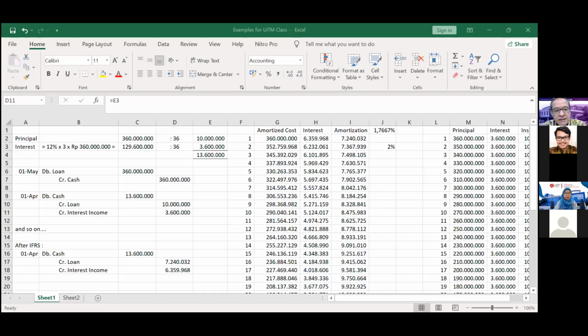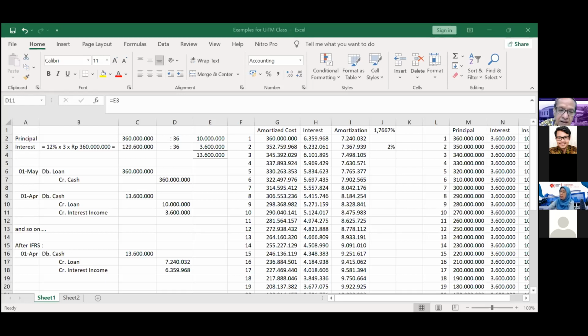So if the bank gives a loan, although there is no sign that there will be trouble for this customer, the loan is still good, the bank should make a loan provision. How much? This amount. This is called 12-month expected credit loss.